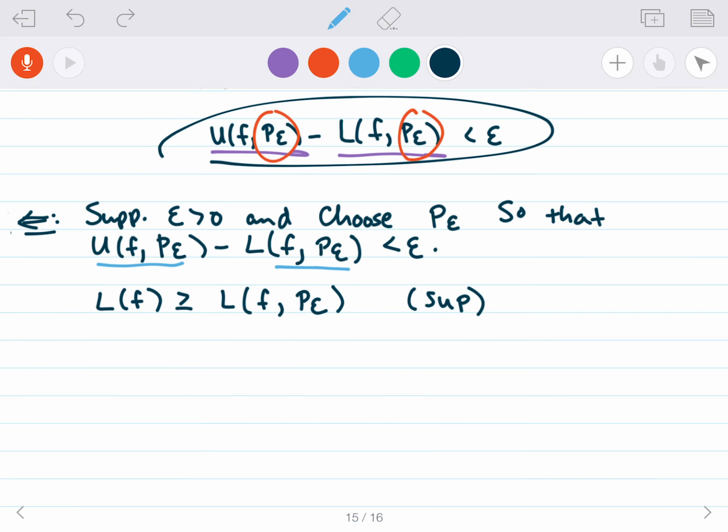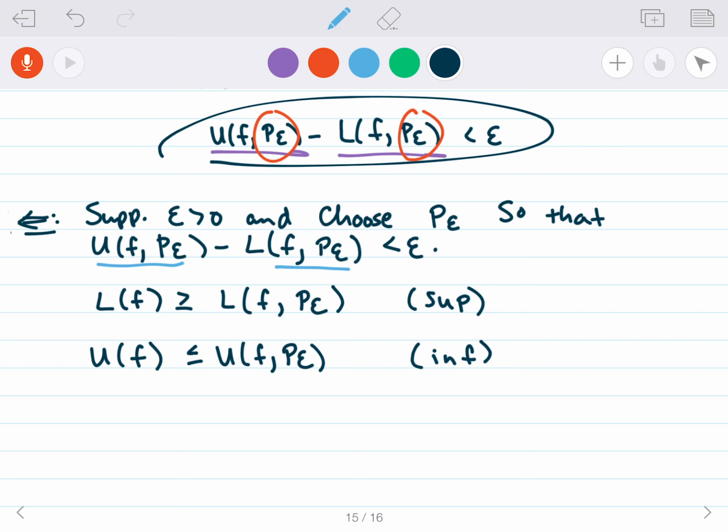And similarly, since the upper integral is the infimum of all the upper sums, this is going to be less than or equal to, in particular, this upper sum, U f P sub epsilon. This is the infimum.